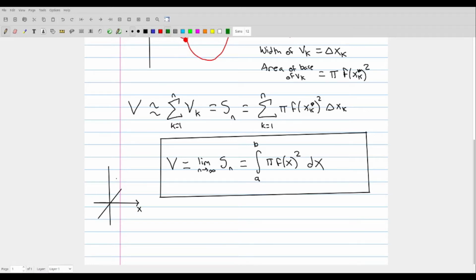So let's say this is some surface that may not necessarily have a circular cross-sectional area.